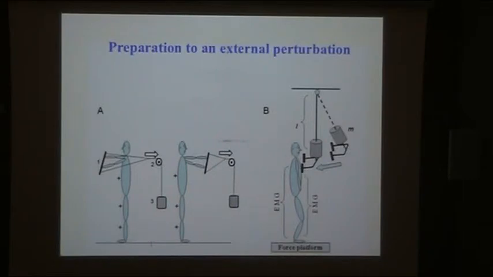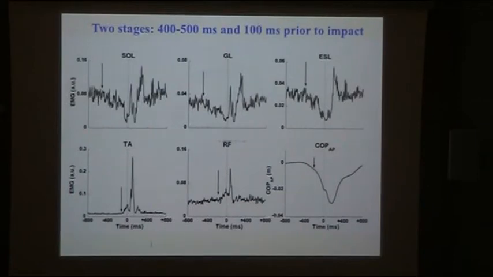But they also show nice early postural adjustments. Now, take a look at this picture. Now, it shows EMGs of a bunch of muscles in that experiment. On the top, it's soleus, lateral gastrocnemius, erector spinae, lumbar portion, and on the bottom, tibialis anterior, rectus femoris, and shifts of the center of pressure.